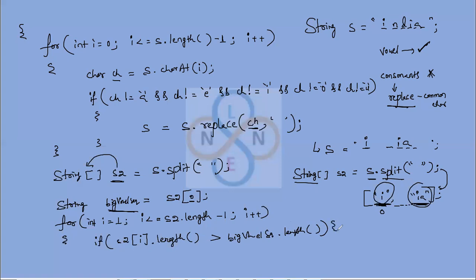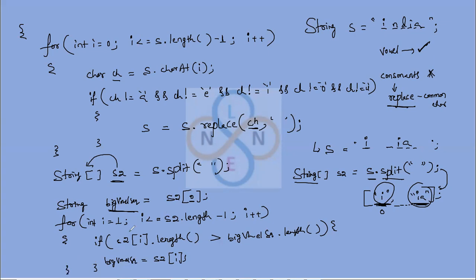Then what we're supposed to do? If this condition is satisfied, inside this one, the corresponding string array element, we have to store back to that bigVowelSequence variable. That's the purpose of this if condition, and of this for loop as well.